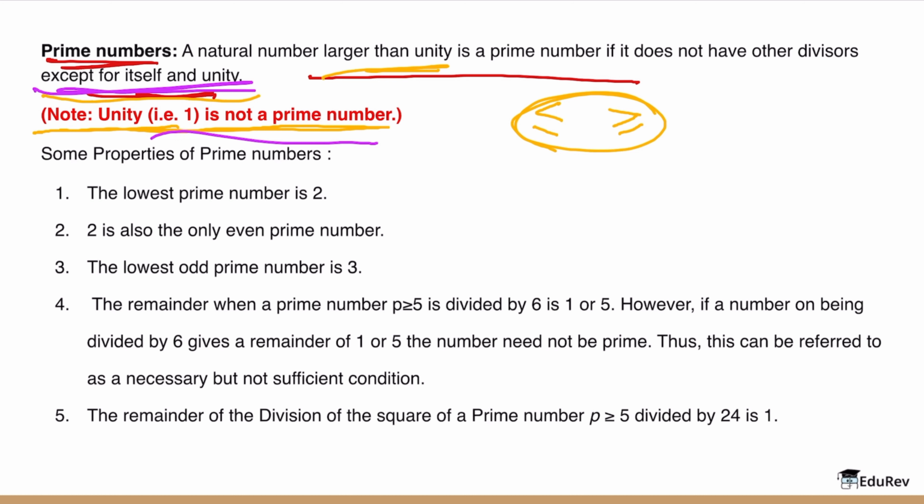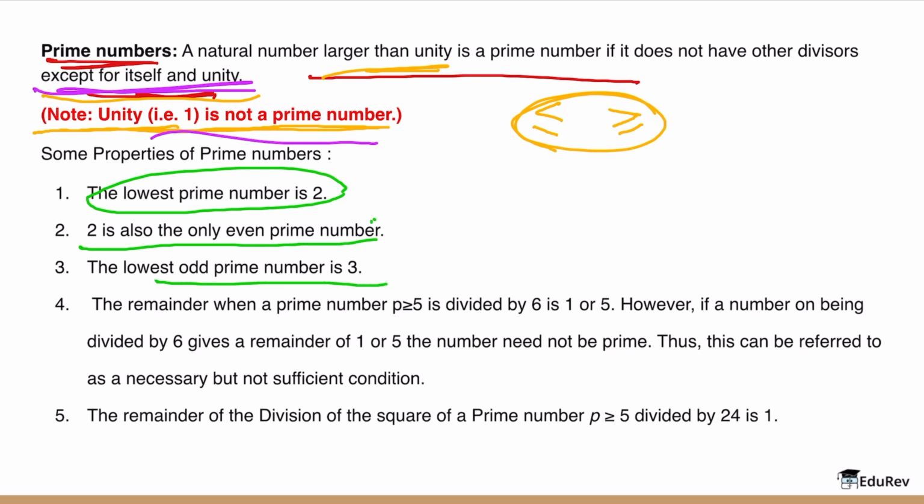Starting from the first, the lowest prime number is 2, and 2 is the only even prime number. Why? Because any even number greater than 2 will have 2 as a factor, which means it cannot be a prime number. Next, the lowest odd prime number is 3, because any multiple of 3 will have 3 as a factor.